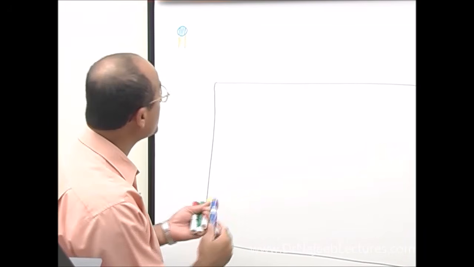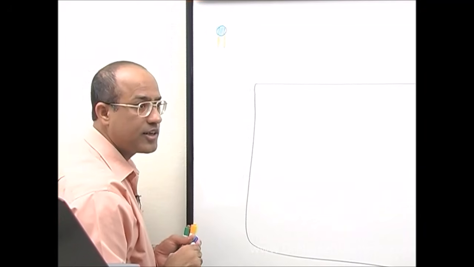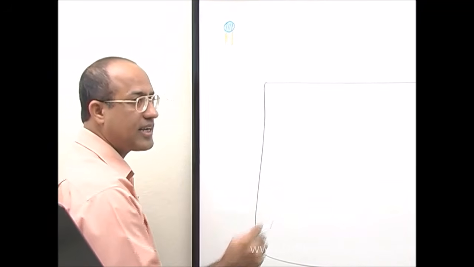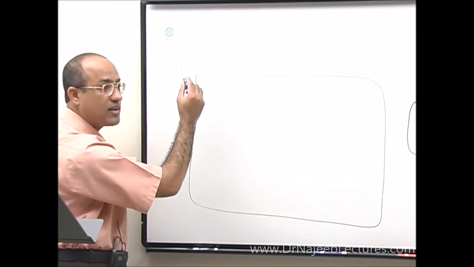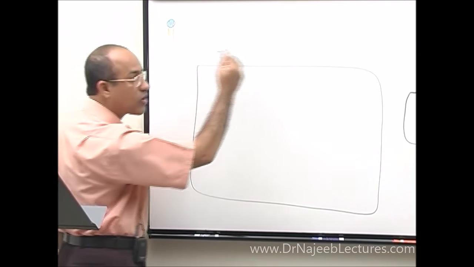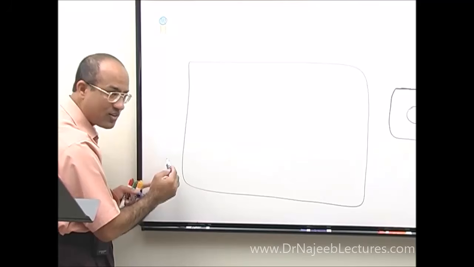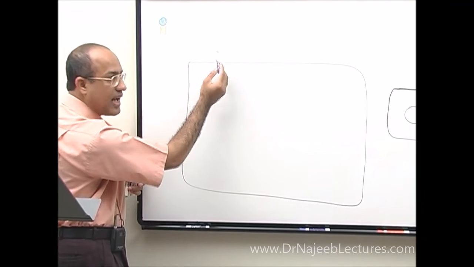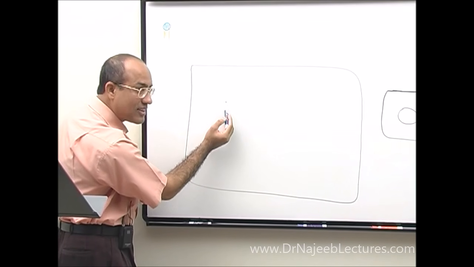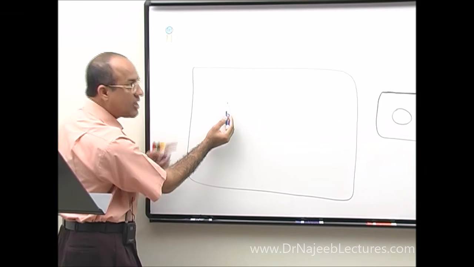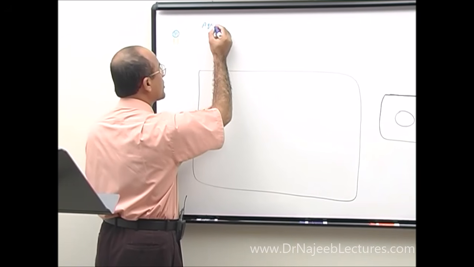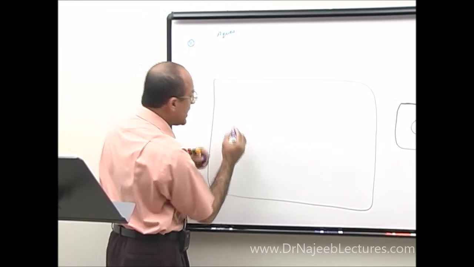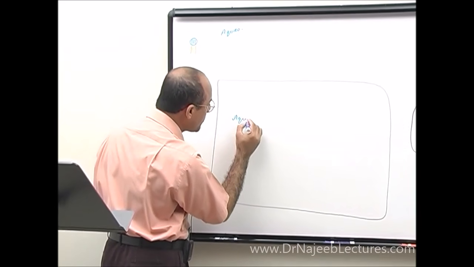Before we see how these molecules are oriented, you must know that the extracellular environment is an aqueous environment. There's a lot of water outside the cell membrane, and there's a lot of water inside the cell. So the extracellular environment is aqueous, and the intracellular environment is also aqueous.